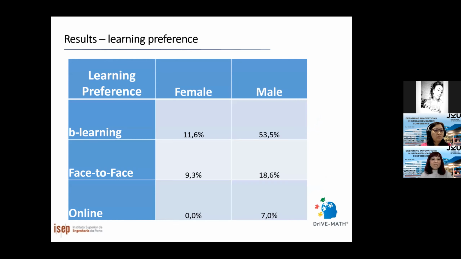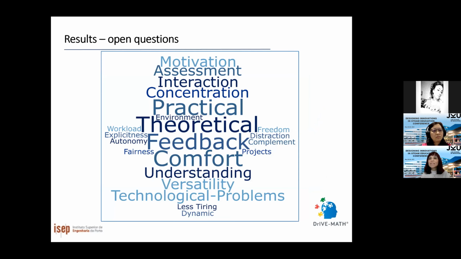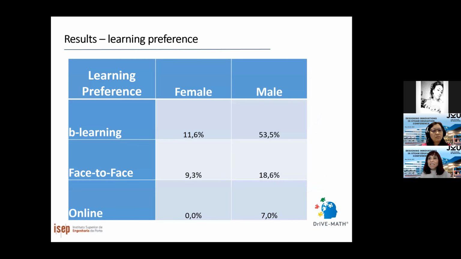And so we decided to ask the students about their learning preferences. As you can see, most of them said they would like a hybrid approach, in the sense they would like blended learning. They were more specific: the lectures, the theoretical classes should be or could be online, but for all of the other classes, practical and laboratorial, they prefer face-to-face.